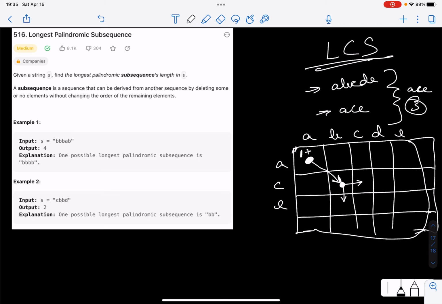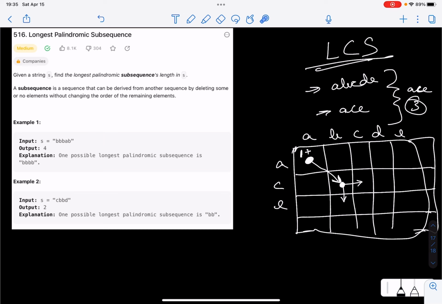So we just take the max of it. Being at this position means we are looking at the longest common subsequence of C, D, E and C, E. And being at this position means B, C, D, E and E.